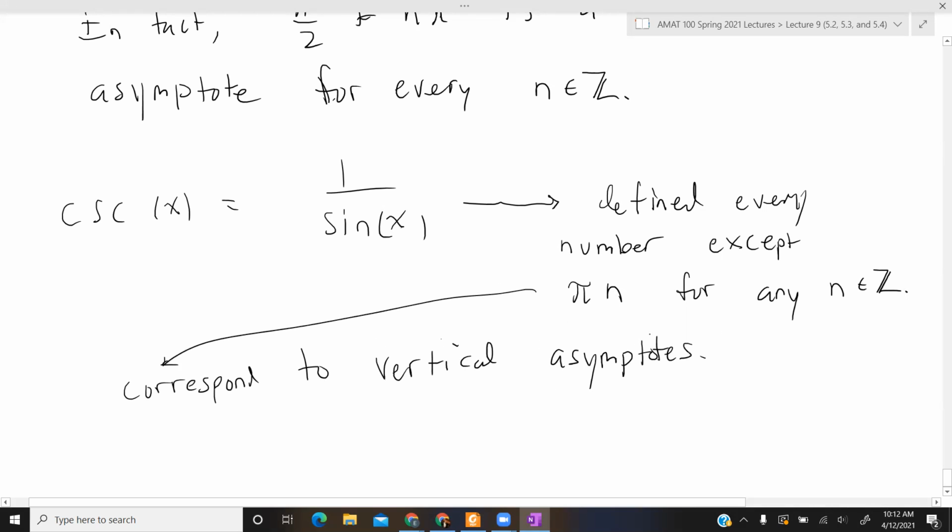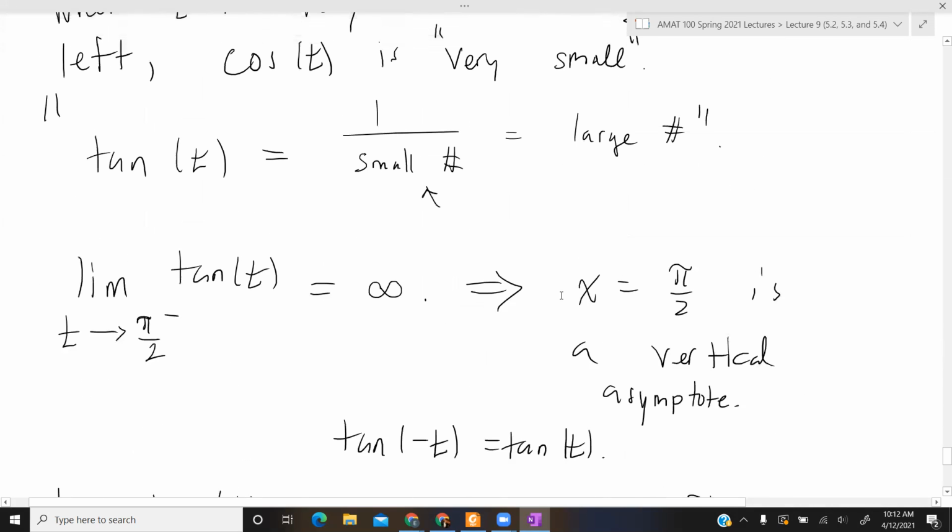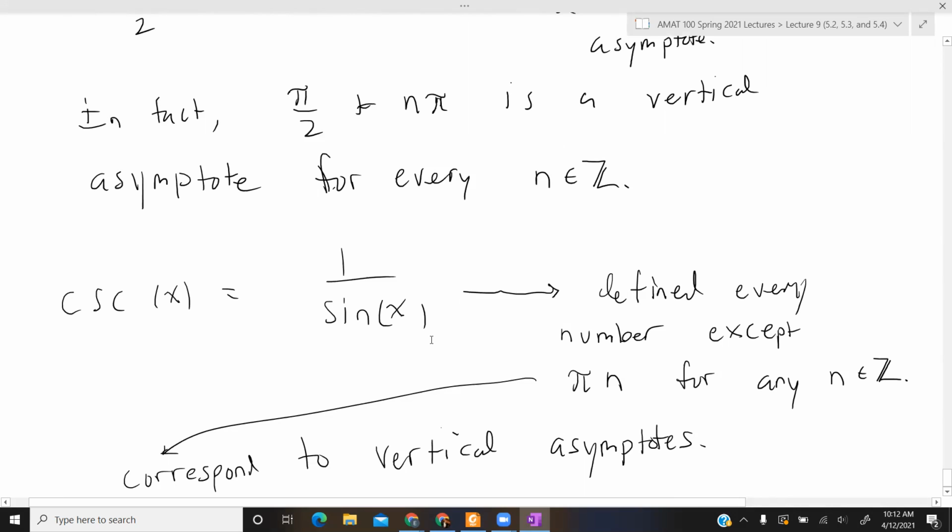Why? Well, it's the same sort of limit analysis we did up here. Let's just think about pi, for example. When you take sine of pi, it's 0. Now, when you're on the left of pi, if you have a number really close to pi, sine of that number is going to be small.